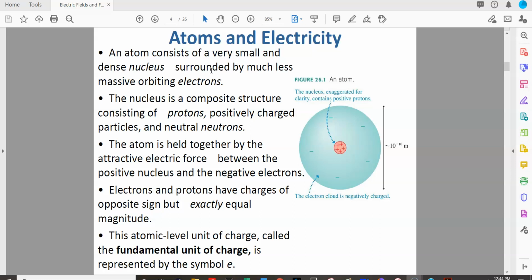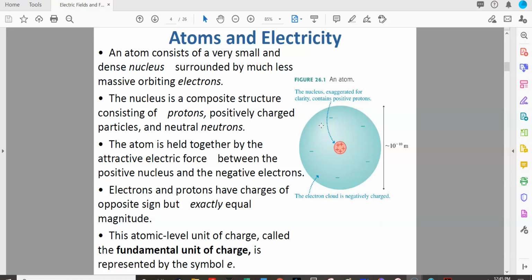So here we have an atom, and at the center of the atom is the nucleus. On the outside, in the valence shells, is where the electrons are found. We're not really going to talk about electrons orbiting the way a planet orbits a star.